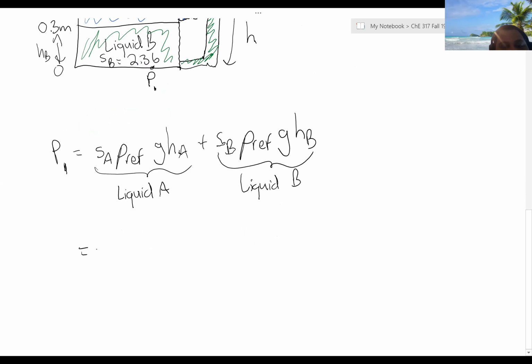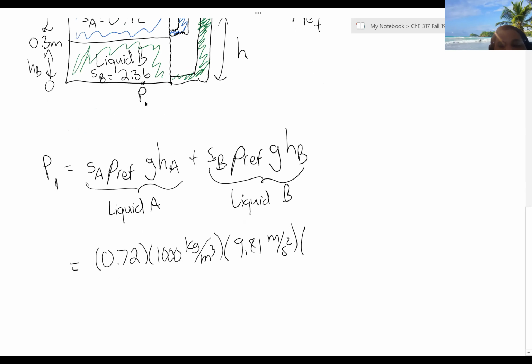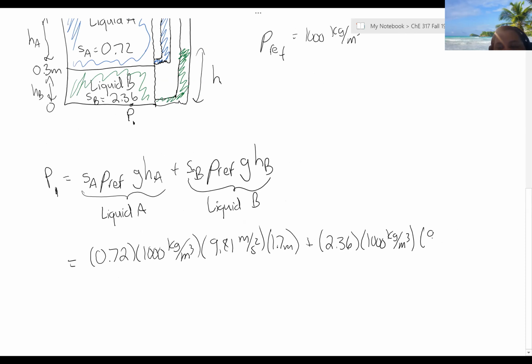So putting in our values, we find that the pressure for P1 is 0.72 times 1,000 kilograms per cubic meter times 9.81 meters per second squared times 2 minus 0.3, or 1.7 meters, plus 2.36 times 1,000 kilograms per cubic meter times 9.81 meters per second squared times the column height for B, or 0.3 meters.